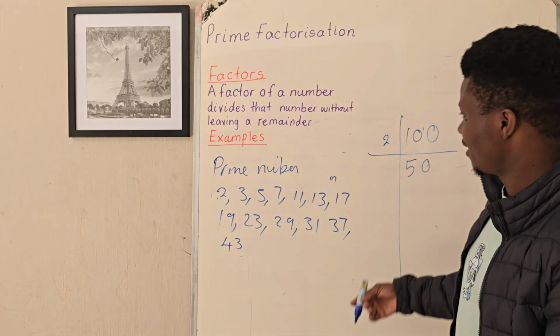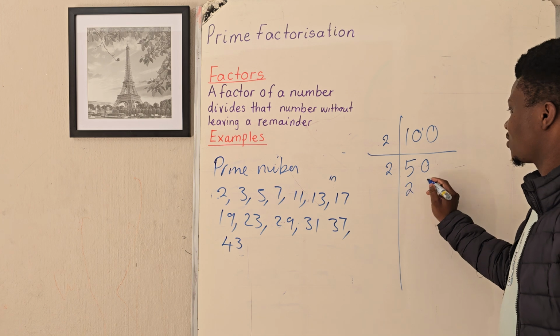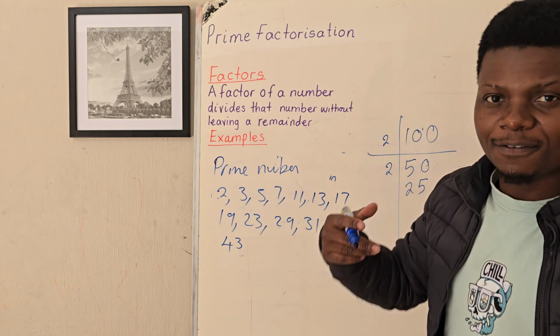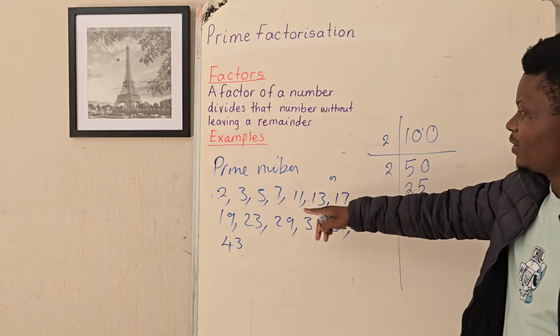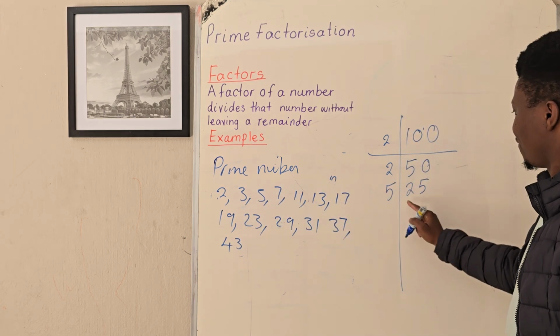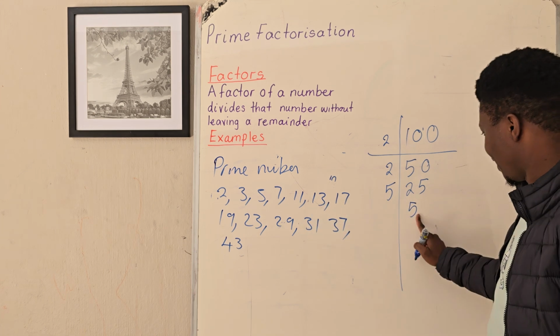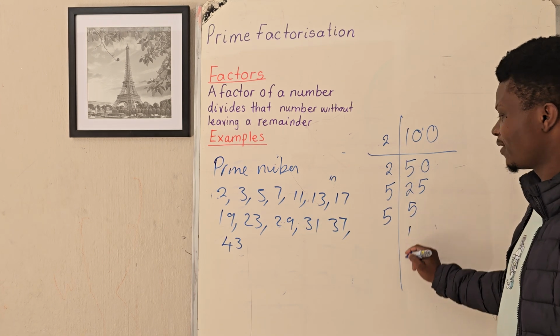We divide again by the smallest prime number, 2. 2 into 50 is 25. We divide 25 by the smallest prime number that works: 3 cannot, 2 cannot, 5 can. 5 into 25 is 5. The smallest prime number to divide this 5 is 5. 5 into 5 is 1.